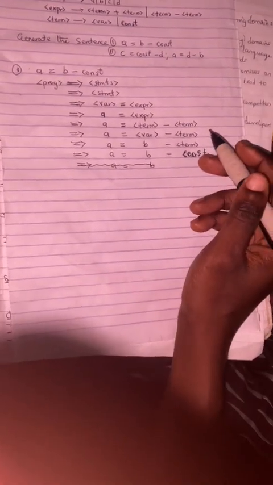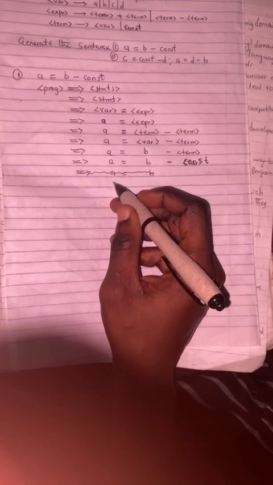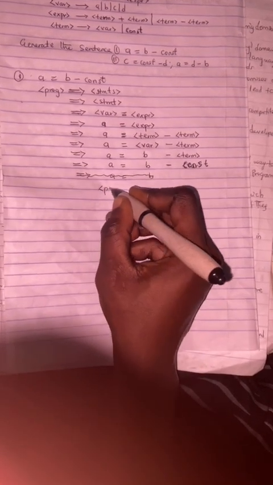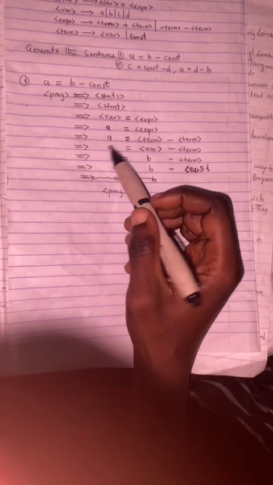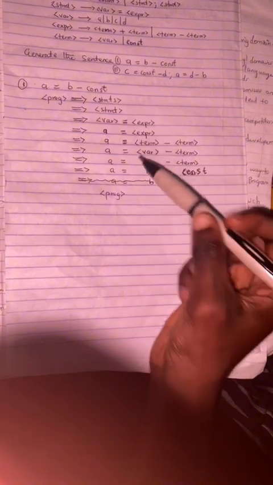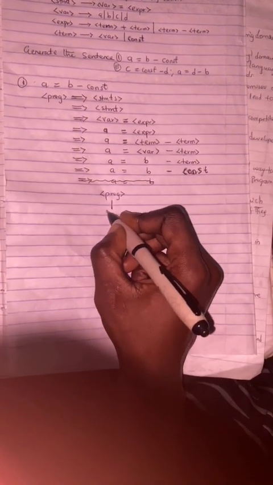And remember, this is leftmost derivation. Now a parse tree is just a tree that goes from the root down to its branches. So from here we have prog. What does prog do? It yields statements. We'll now draw it down.